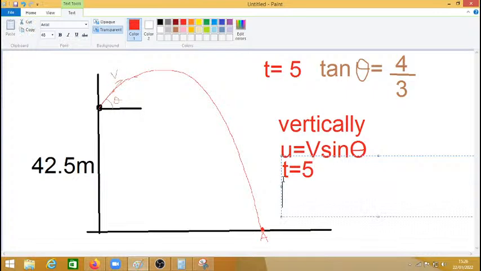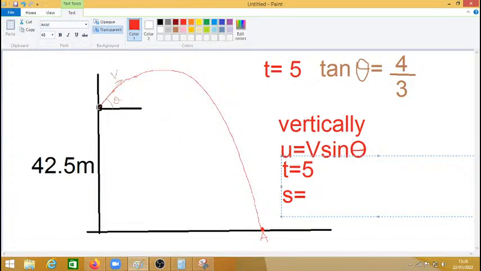What about the distance? Remember, distance is just a loose word, but the proper word is displacement. Displacement means from the starting position to the end position. How much has the thing moved from the start position to the end position overall?